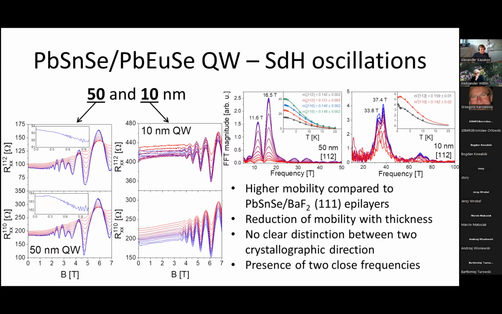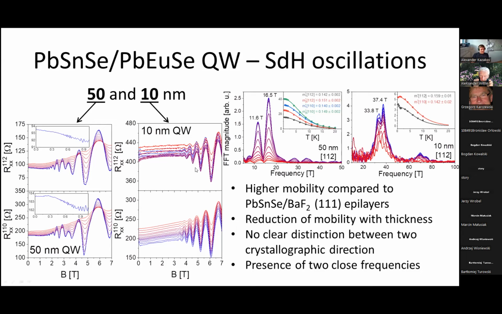So these are typical results we are getting on such quantum wells. Here I'm showing the Shubnikov-de Haas oscillations of resistance versus magnetic field for 50 and 10 nanometers. One can easily see that in the 50 nanometer well there is clearly more than one frequency of oscillations, and the oscillations start at pretty low magnetic fields of 0.5 Tesla.